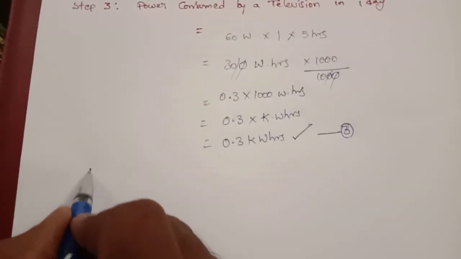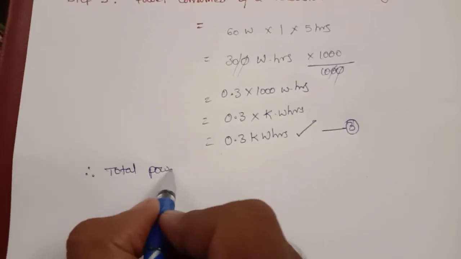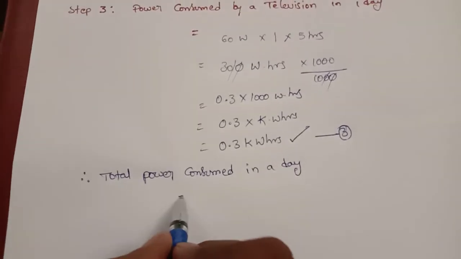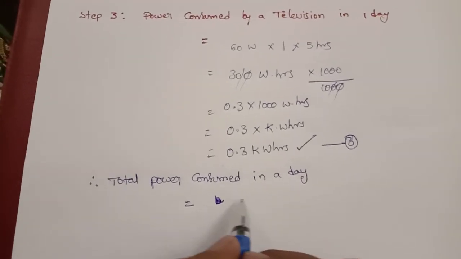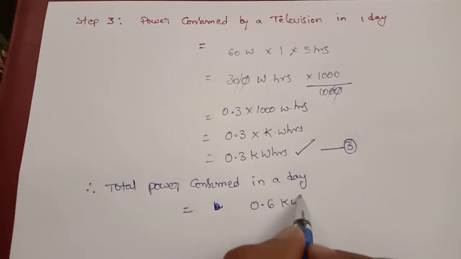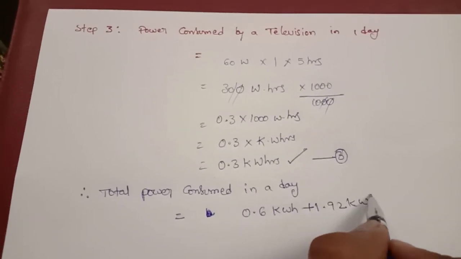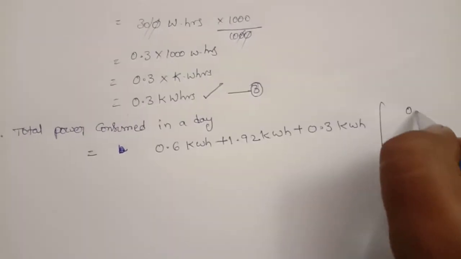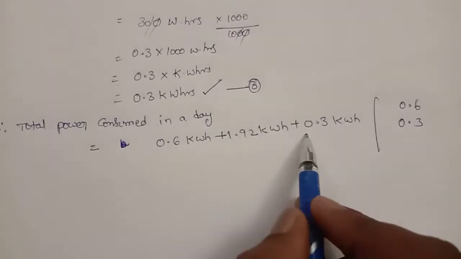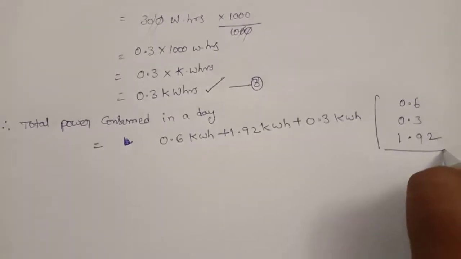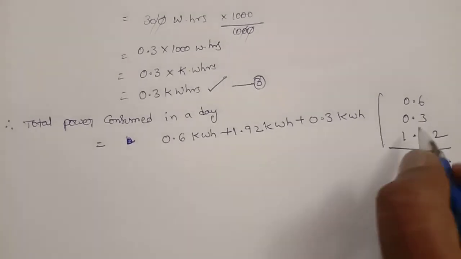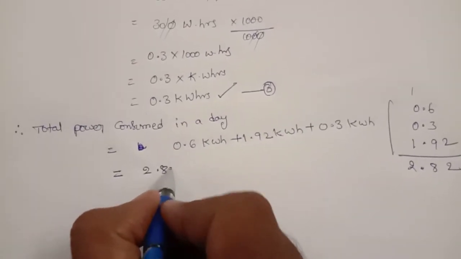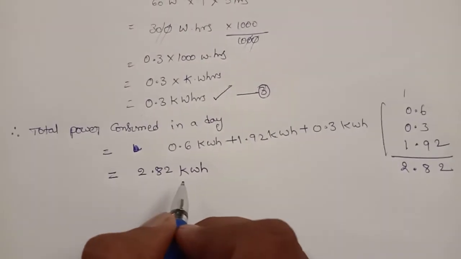By adding equations 1, 2 and 3, we get the total power consumed by all the 3 devices in a day. That is 0.6 kilowatt hours, 1.92 kilowatt hours and 0.3 kilowatt hours. By adding all these 3, we get the final power consumed in a day, that is 2.82 kilowatt hours.